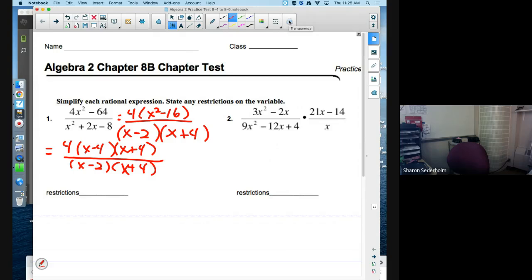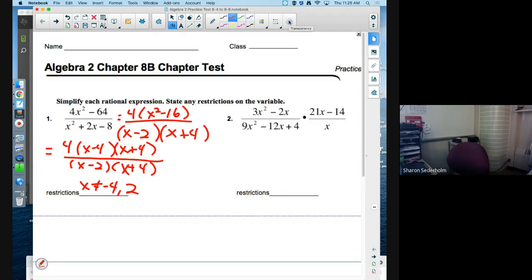So this is where we stop and say, these numbers would be bad. We do our restrictions before we do canceling. What would be bad? Exactly. 2 and negative 4, because they make the denominator 0. So x can't be, and we don't have a lot of room on this line, so I'm going to put negative 4 comma 2 just to save on space there.